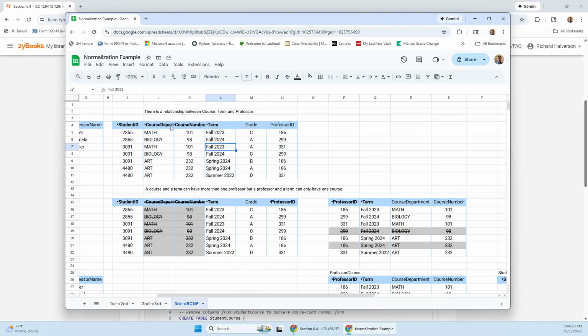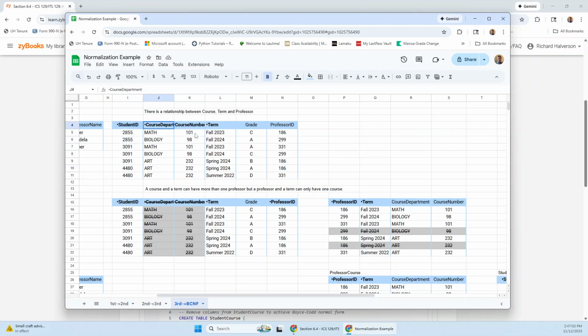Well, these three columns cannot serve as the primary key if this is the only non-key column, because let's see, Math 101, this row and this row, we aren't counting this one.